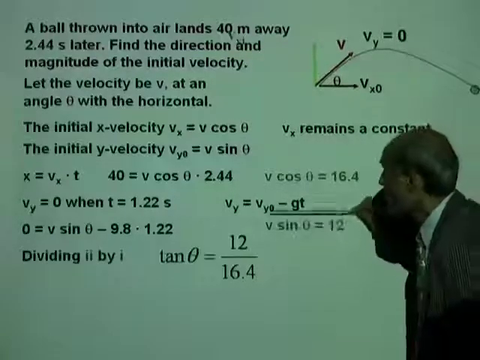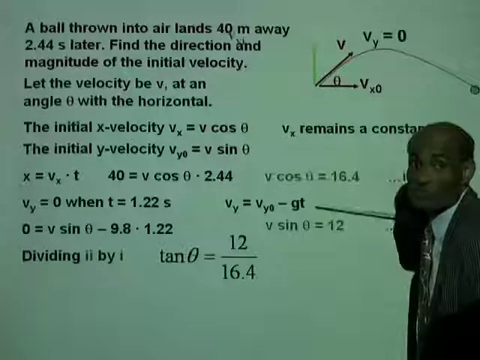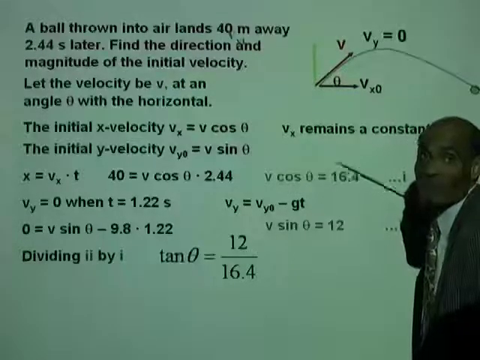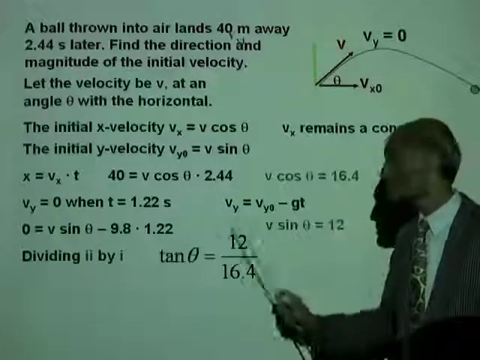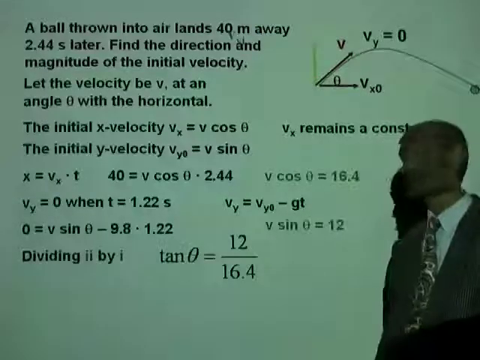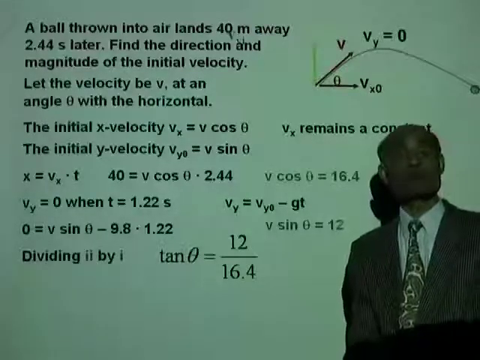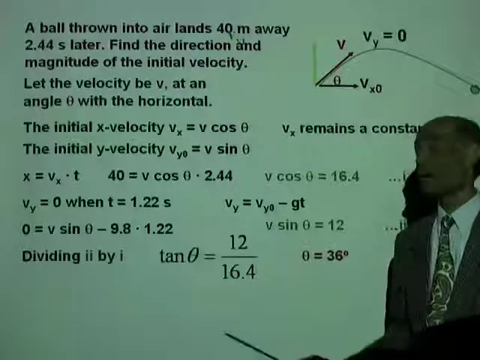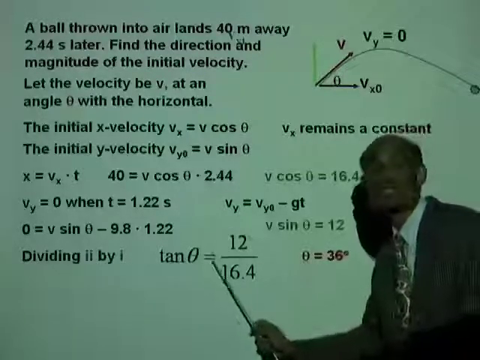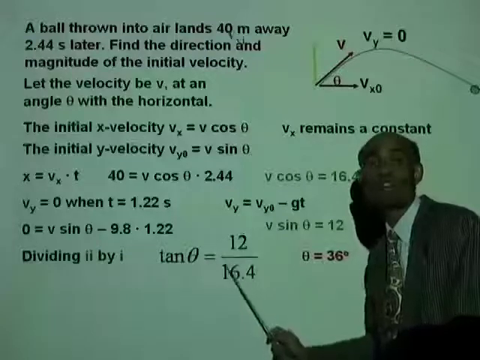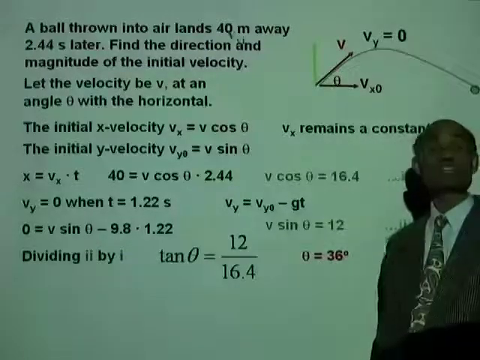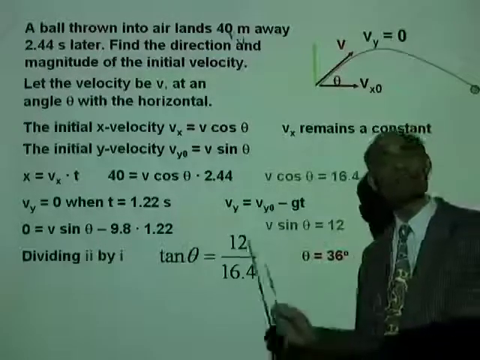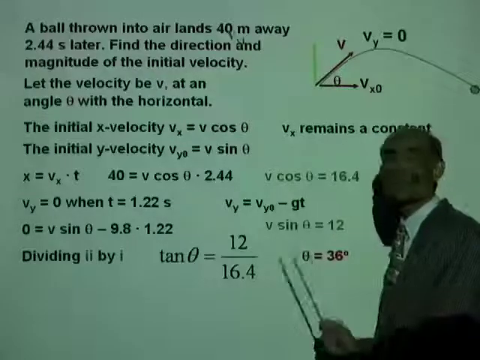Now, V sine theta divided by V cos theta is 12 divided by 16.4. So we get tan theta equals 12 divided by 16.4, and therefore theta equals tan inverse of this number, that is 36 degrees. You see how beautifully we were able to get that angle theta.